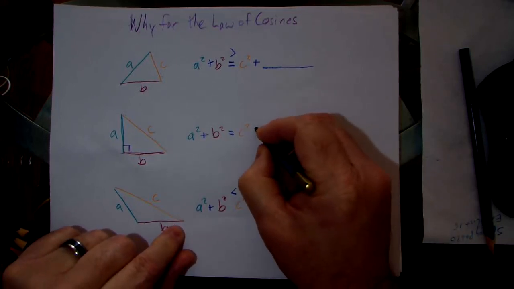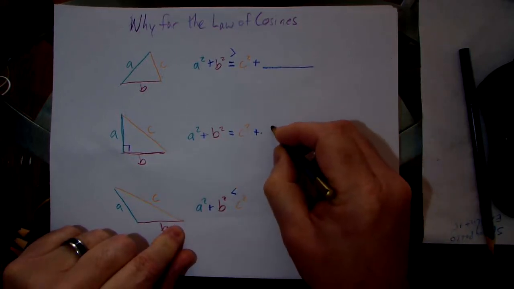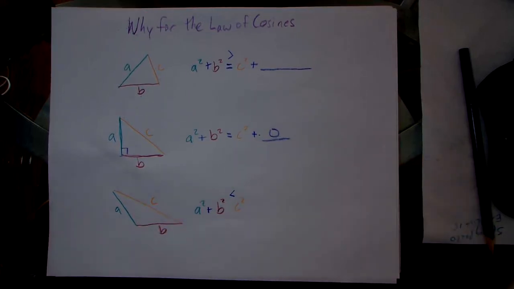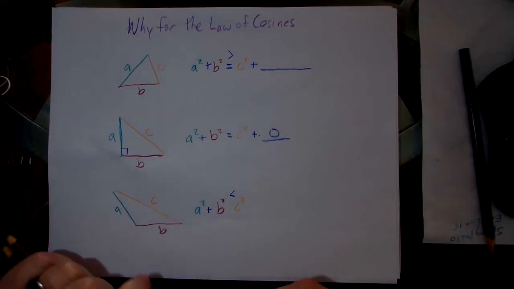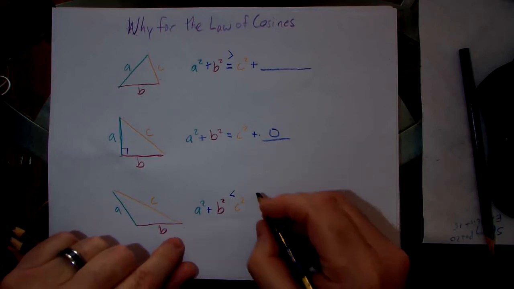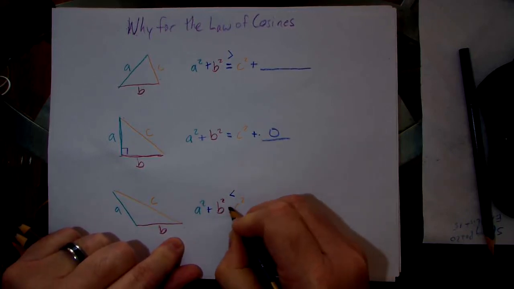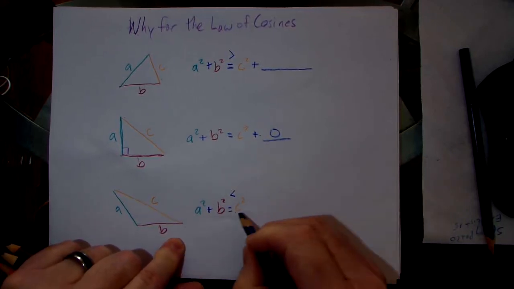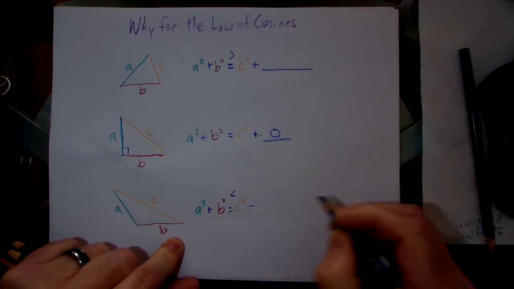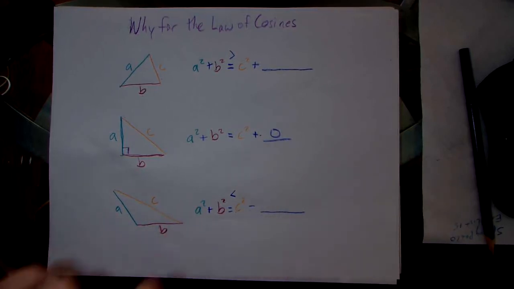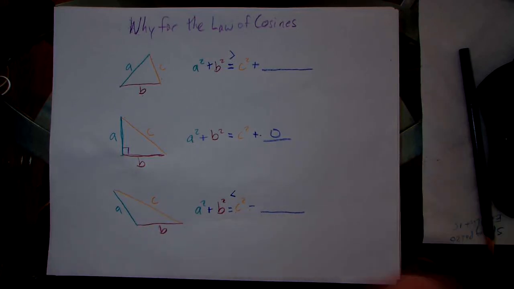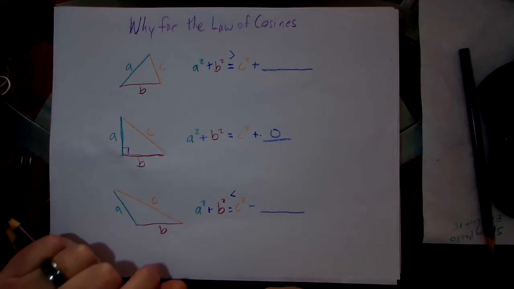Here, we can add 0, so C squared is already equal to the sum of A squared and B squared. Here, if we want to make this equal, we're going to need to subtract something from the C squared side to make A squared plus B squared still equal C squared.